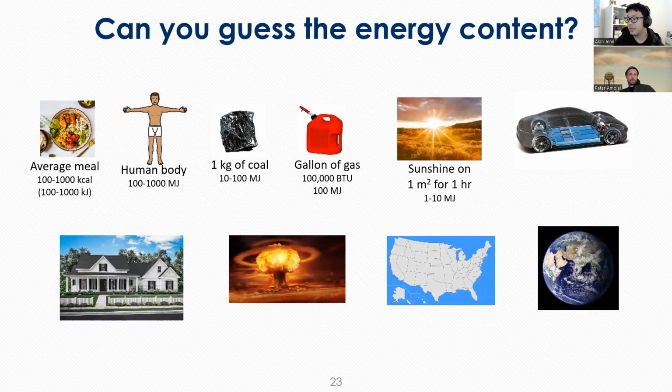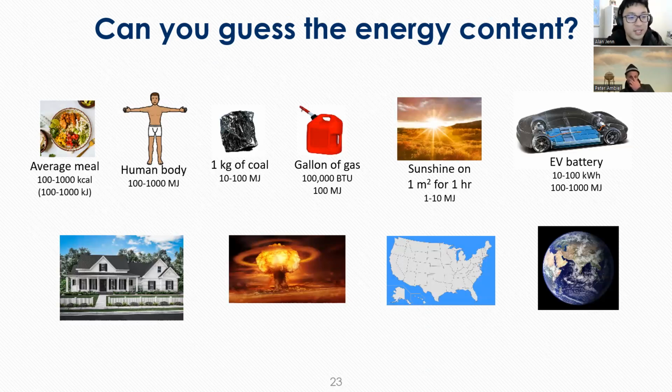Okay, for an EV battery, this one is often described in terms of kilowatt hours. With a long range Tesla, for example, you're talking about on the order of something like 100 kilowatt hours, and so that's about 1,000 megajoules, order of magnitude.